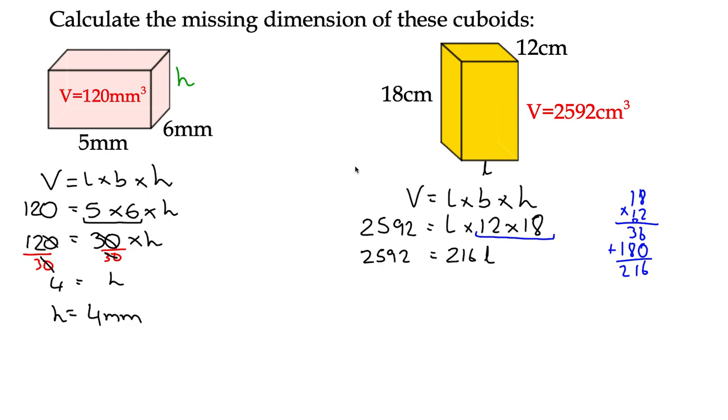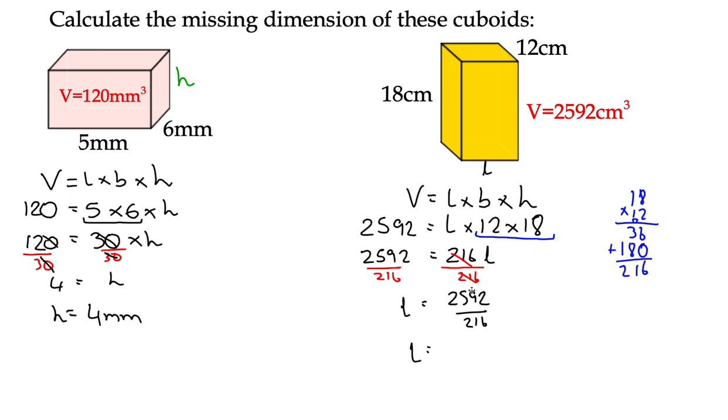Well, in terms of algebra, in order to get L on its own, I'm going to divide both sides by that multiplier, so they cancel out, and I get L is equal to 2592 over 216, which I'm not going to do as a long division calculation.